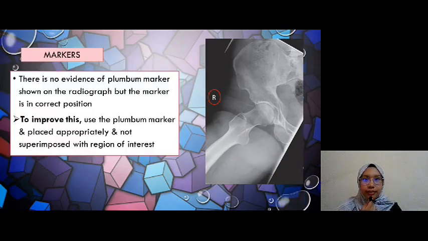Next, markers. For markers, there is no evidence of a plumbum marker shown on the radiograph, but the marker is in correct position. To improve this, use a plumbum marker and place it appropriately, superimposed with the region of interest.